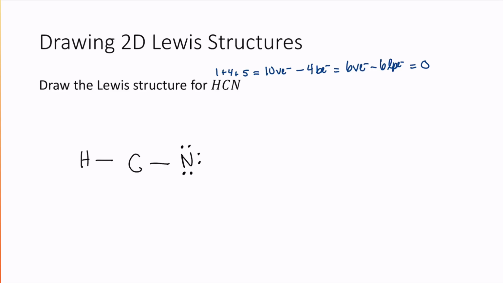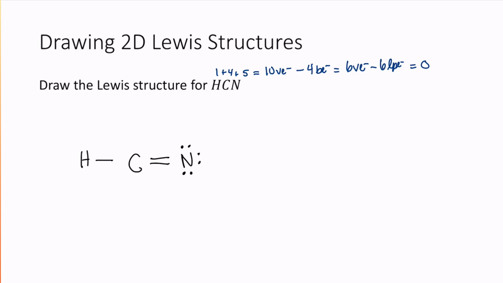Now I can look at the octet rule. Hydrogen is fine because it has 2 electrons around it, so it fulfills the duet rule. Nitrogen is fine because it has 8 electrons around it. The issue comes with carbon. Now I cannot just start adding electrons because now I'm dealing with 12 electrons when I only have 10 to work with.